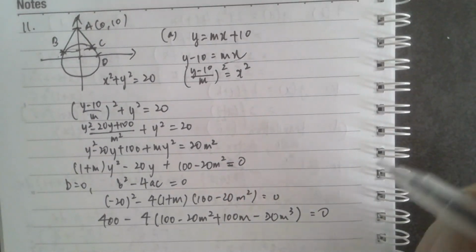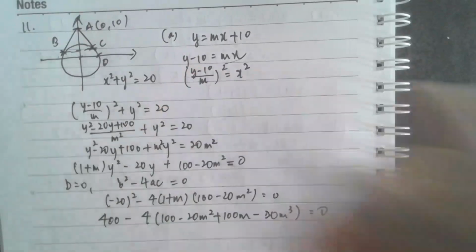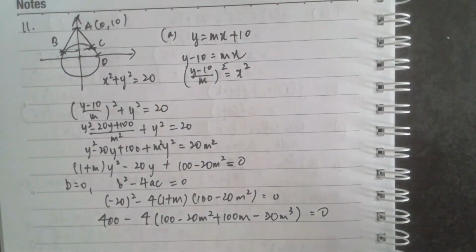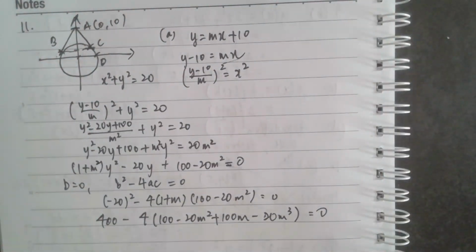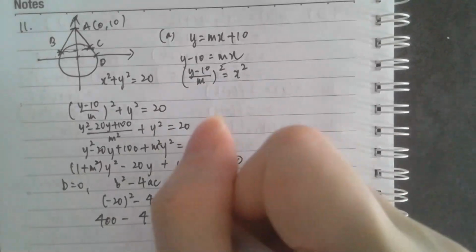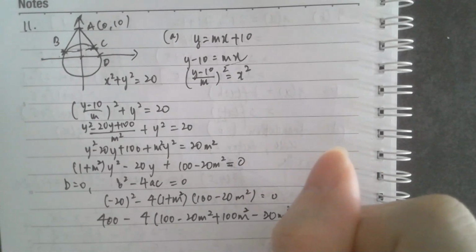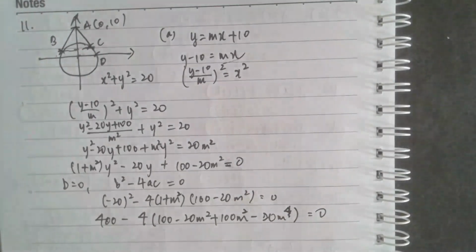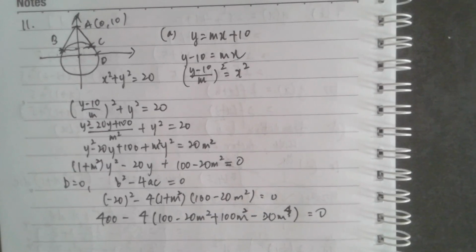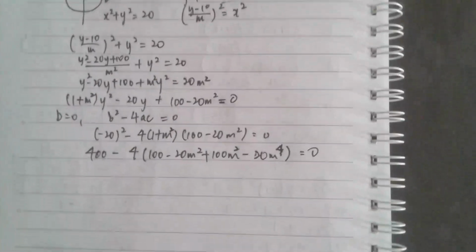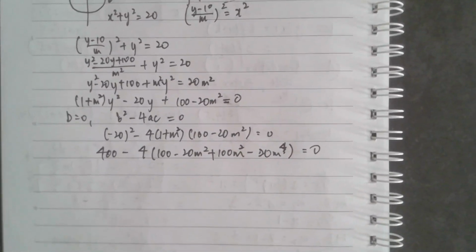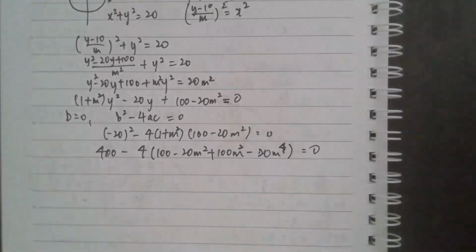I think I've missed out the square here. Now it makes a little more sense. There's a square here, and this will be a 4. I think 4 is common, so we can just divide 4 away.